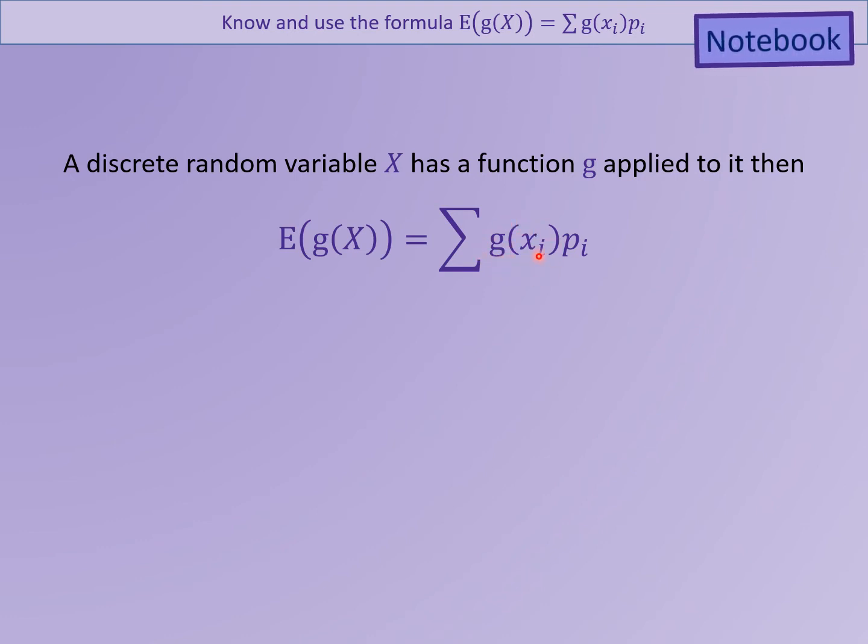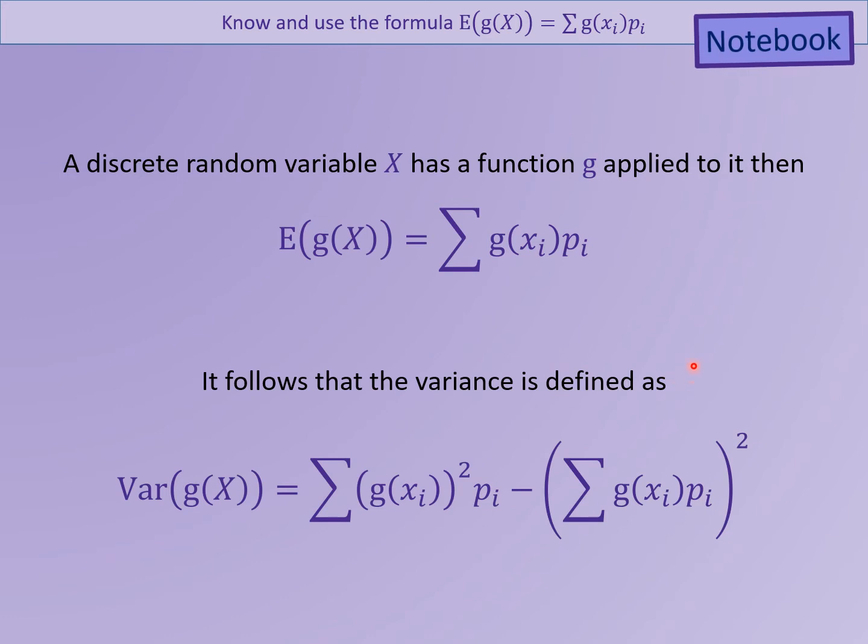Your values independently might be the numbers on a six-sided dice. So when you're applying that function to each of the x values, you would do 9 times 1, 9 times 2, 9 times 3, 9 times 4, 9 times 5, and 9 times 6, because that would be the values on the sides of a dice. The probability is exactly the same. That doesn't change. That's the same whether it's the x value or whether it's the function applied to the x value.